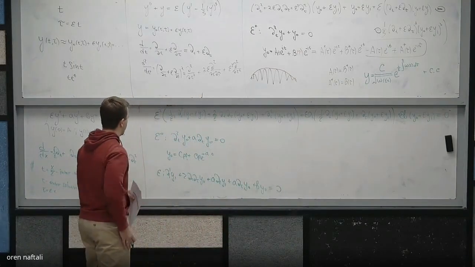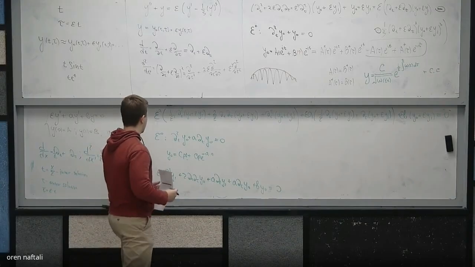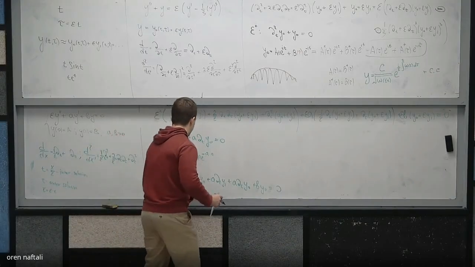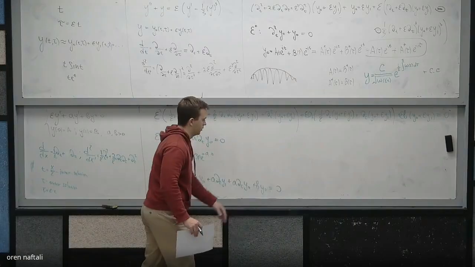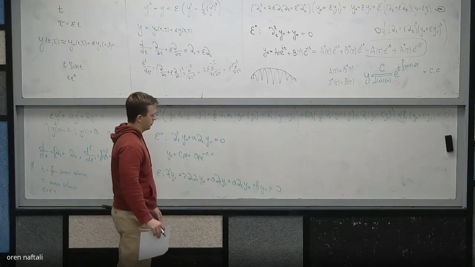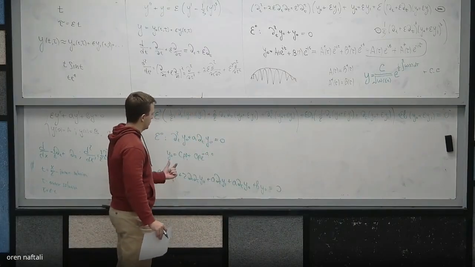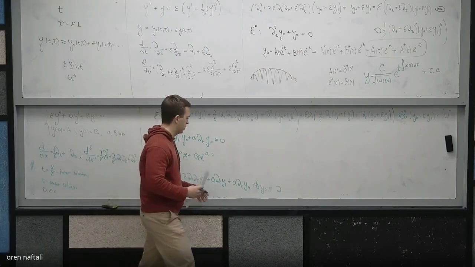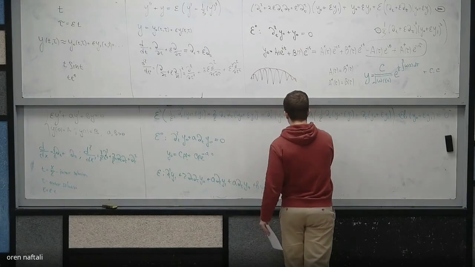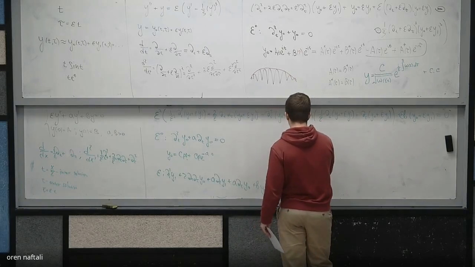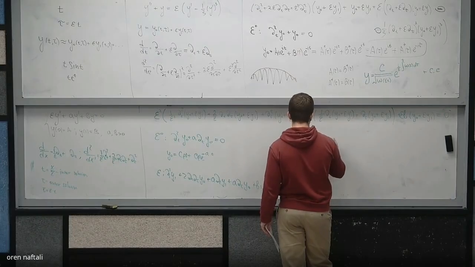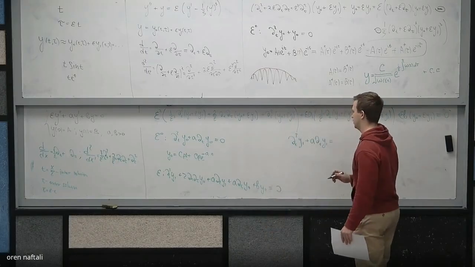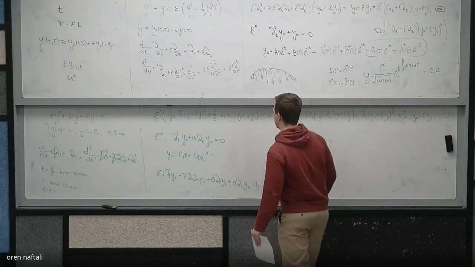Okay, so now I have again the same equation for y1, but I have some terms that I put to the right hand side, and I need to be sure that there is no resonance with these terms. So I have dt squared y1 plus a times dt y1 equals, and the rest I'll put to the right hand side.